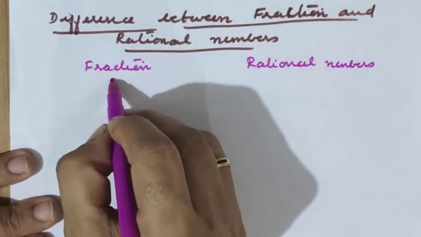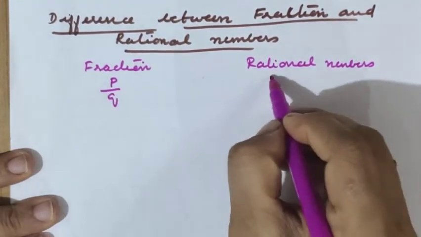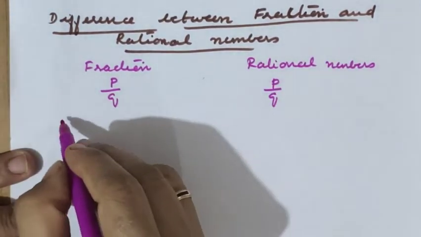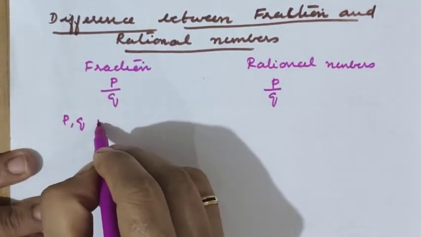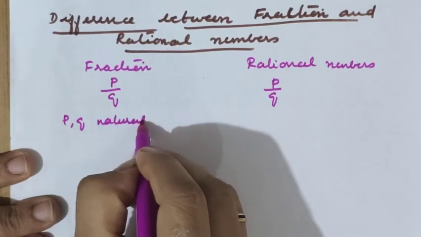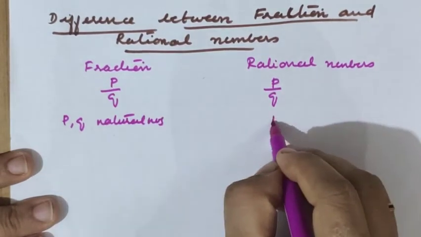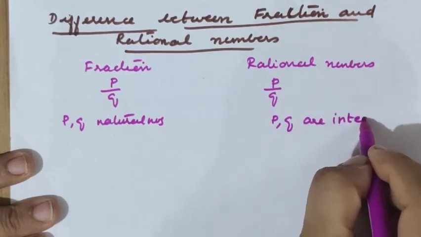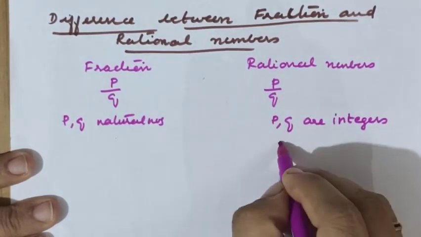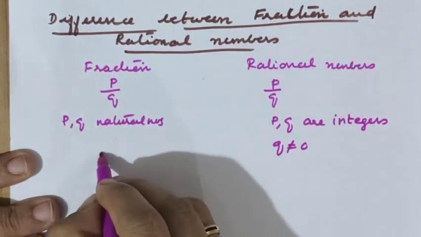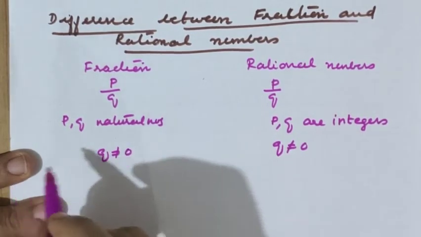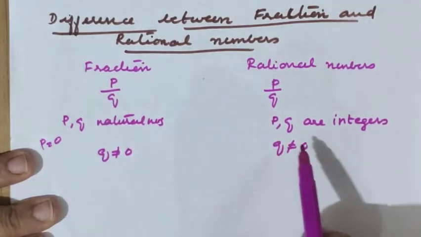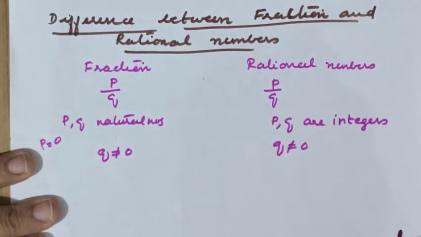The fraction can be written in the form P by Q, and here also the rational number can be written in the form P by Q, where for fractions P and Q are natural numbers. But here, what is the difference? P and Q are integers. Here Q is not equal to 0. Here also Q is not equal to 0. But P can be 0 here. P can be 0.